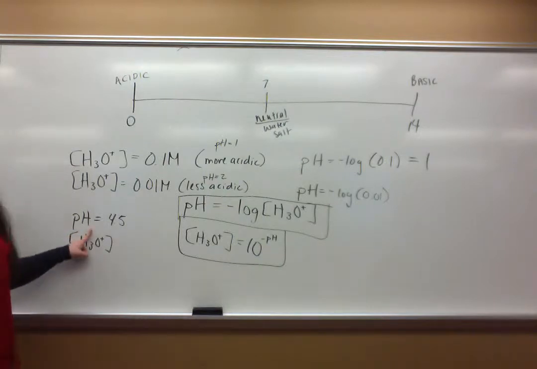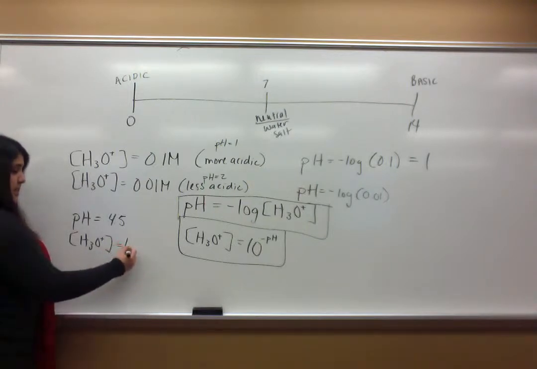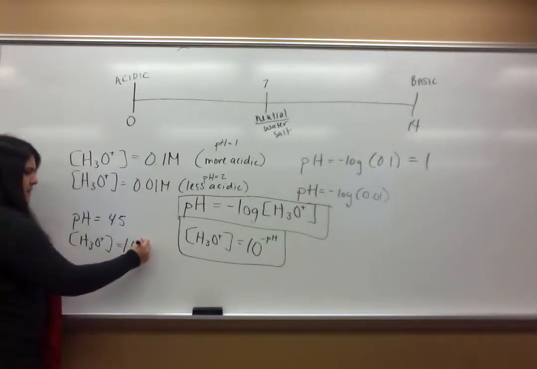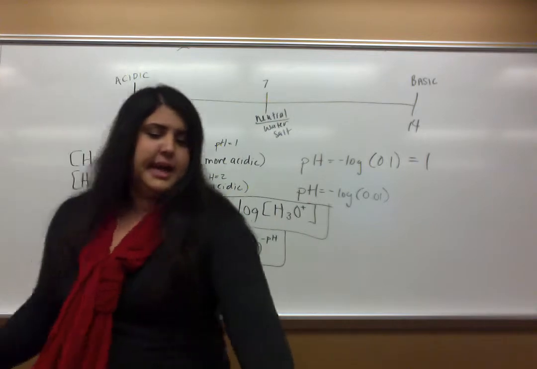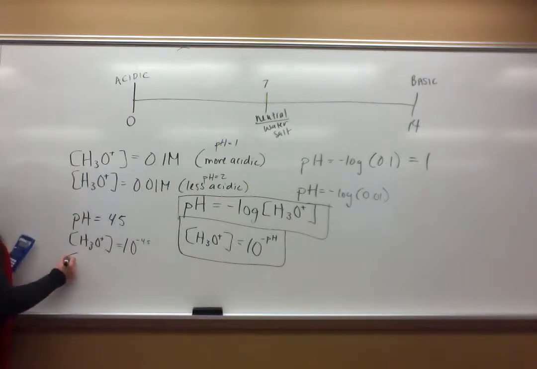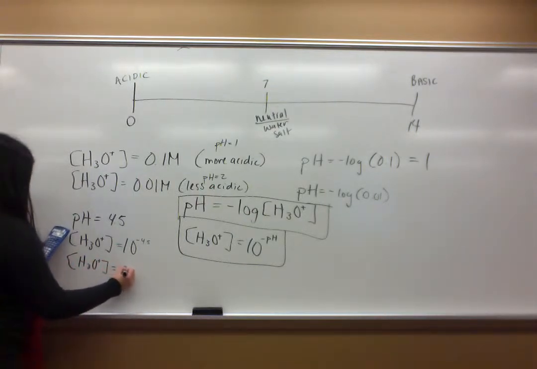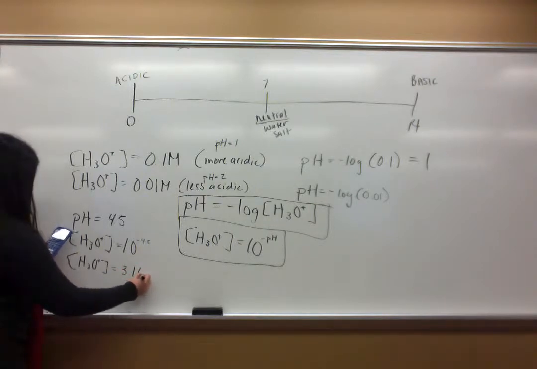Now we should remember, pH does not have any units, but concentration absolutely does. So if I'm going to solve this equation here, I have pH equals 4.5, my concentration of H3O+, I would say, is equal to 10 to the negative 4.5. Now I take out my little calculator here, 10 to the negative 4.5, and I end up with a concentration of H3O+ equal to 3.16.